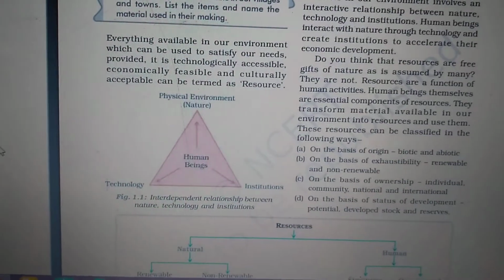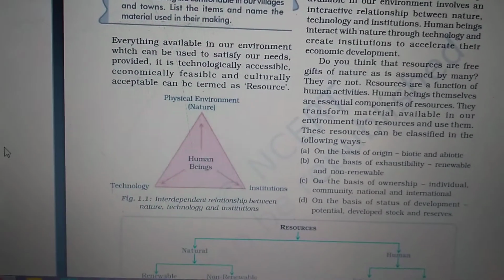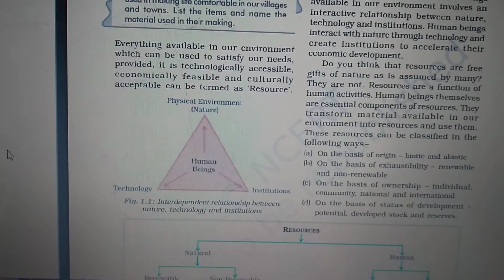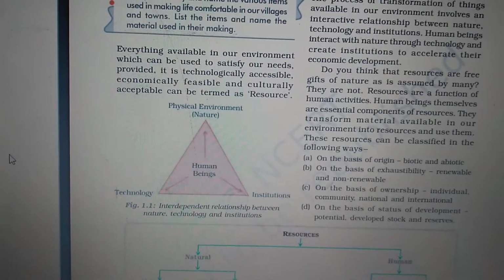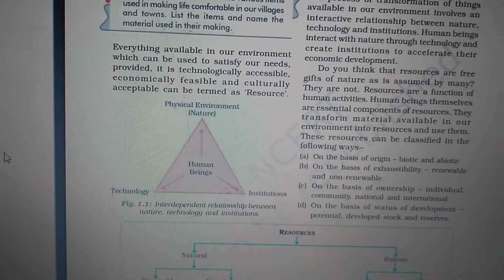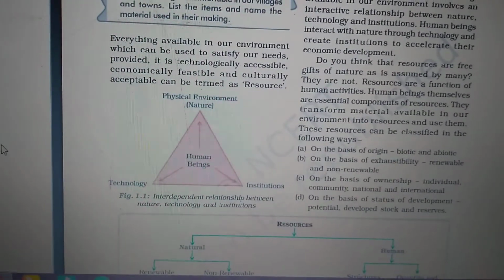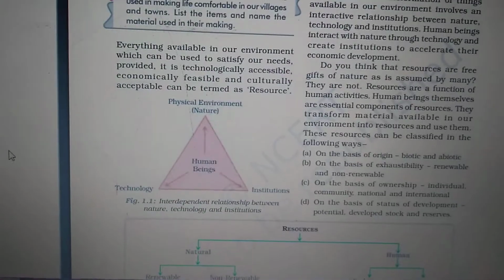So human beings use technology, institutions, and the physical environment of nature. Human beings use natural resources, technical resources, and institutions for their use and development.